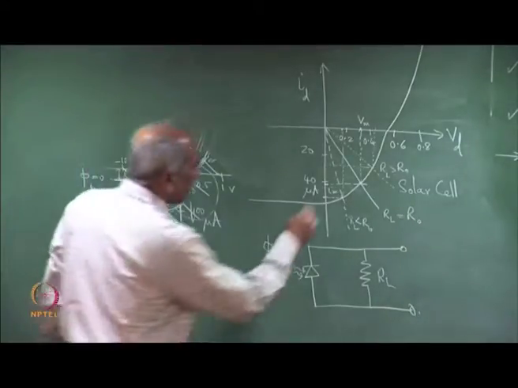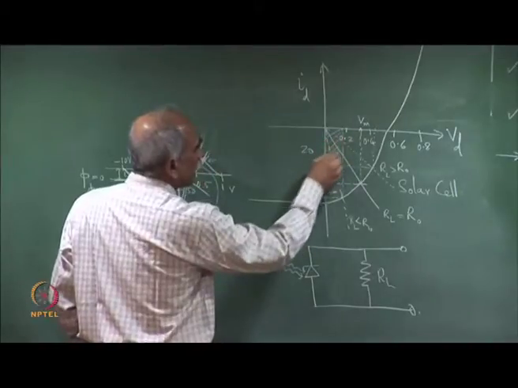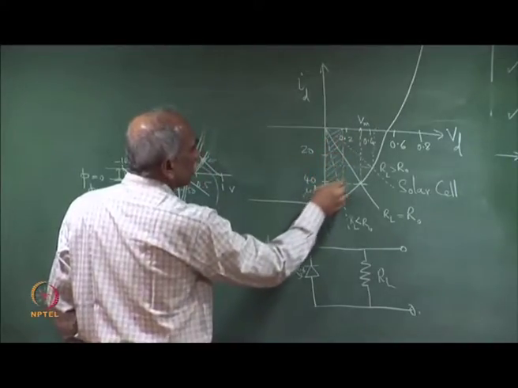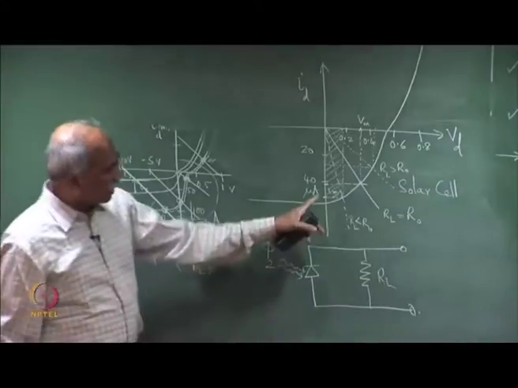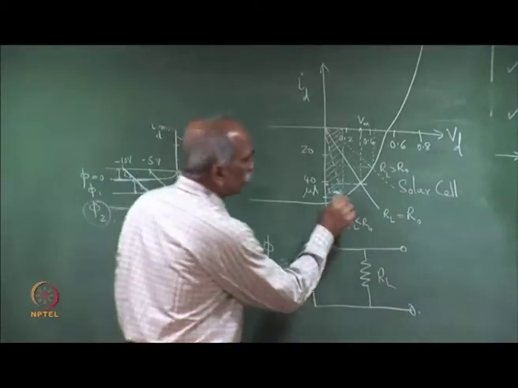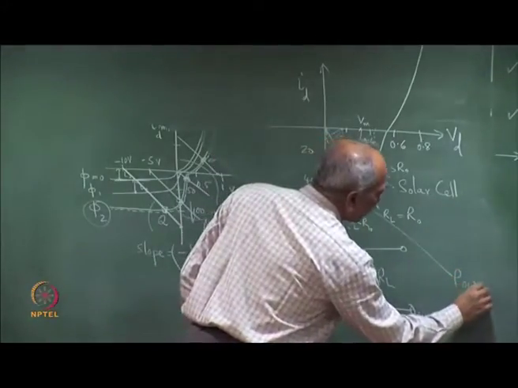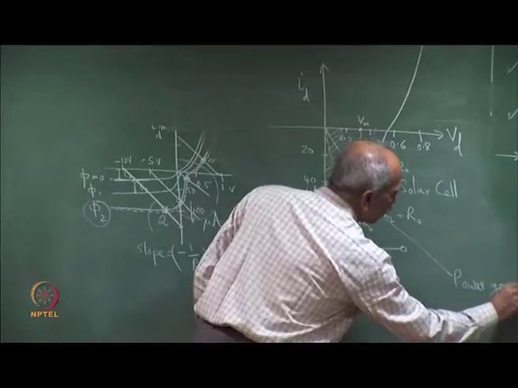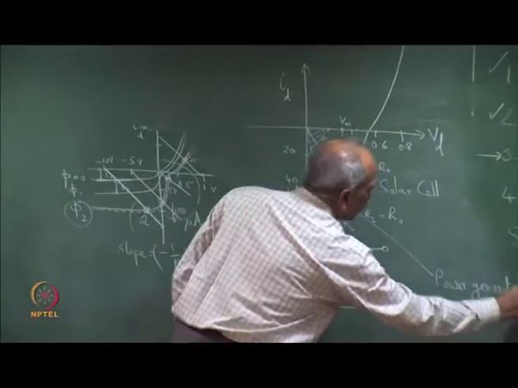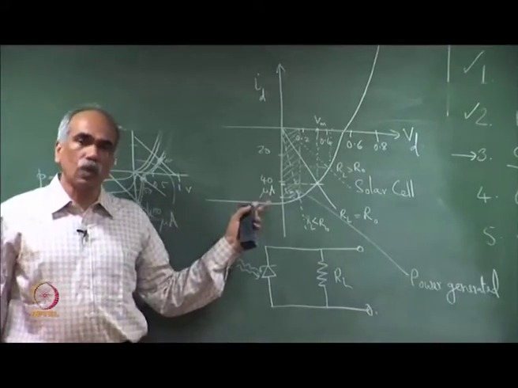So, the area under this rectangle, for example, let me shade one of the rectangles. The area of the rectangle, that is the current I into the voltage, gives us the electrical power generated because of the incident photon flux.